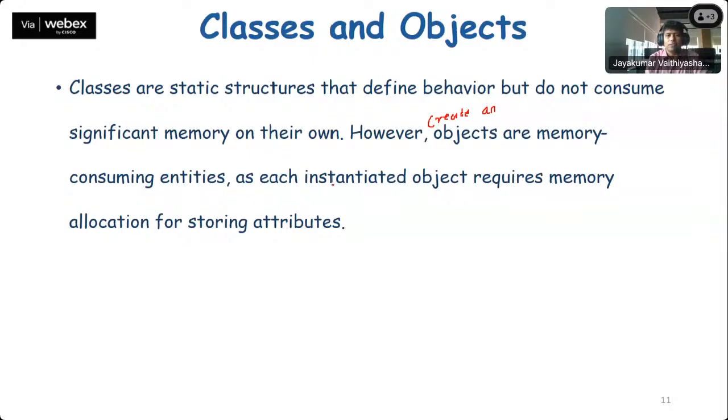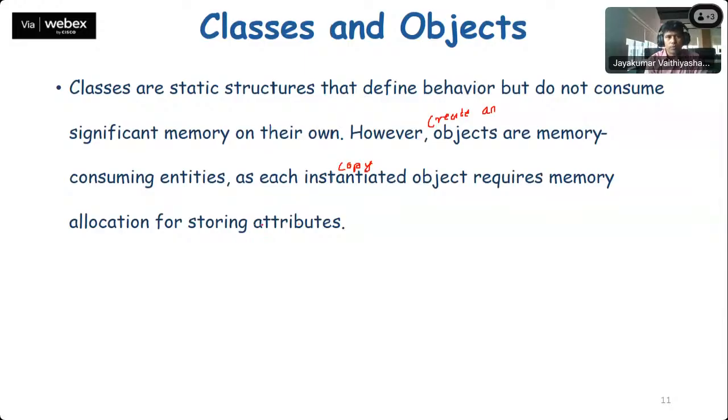Each and every instantiated object is like a copy and requires memory allocation for storing attributes. So creating a class doesn't affect memory, but whenever you create objects out of your class, you should be very careful.